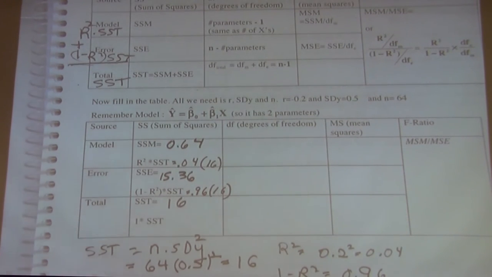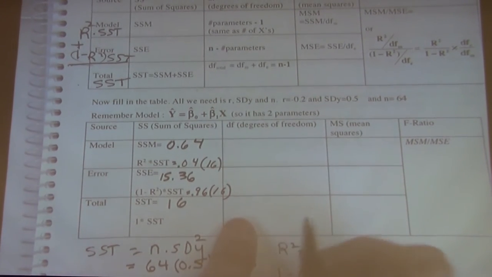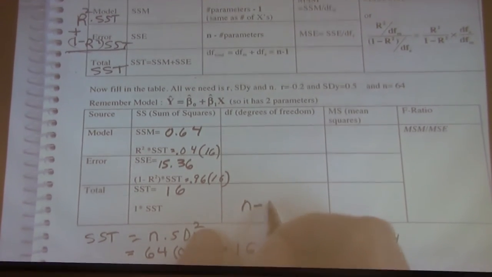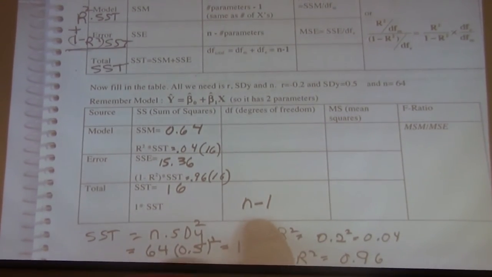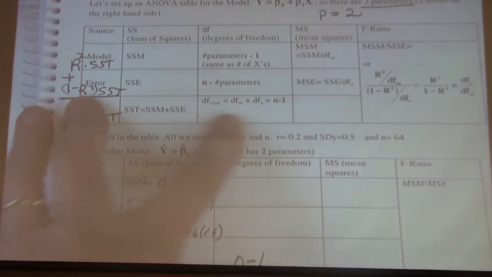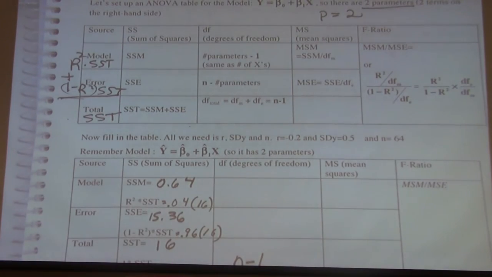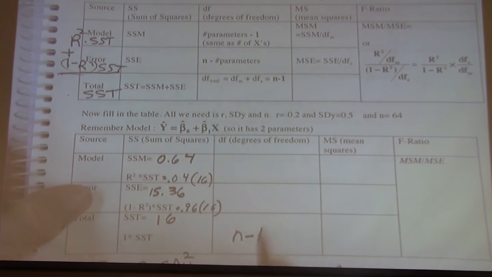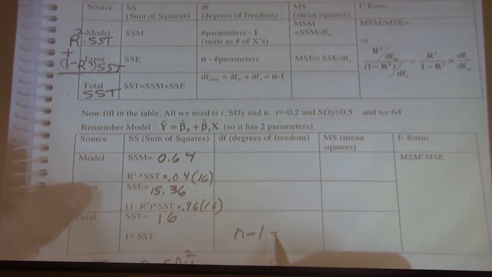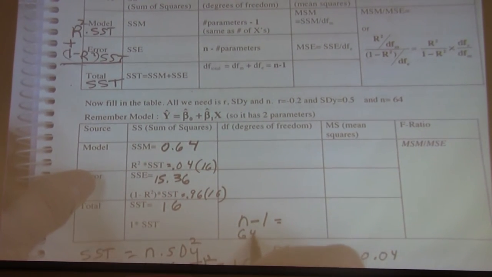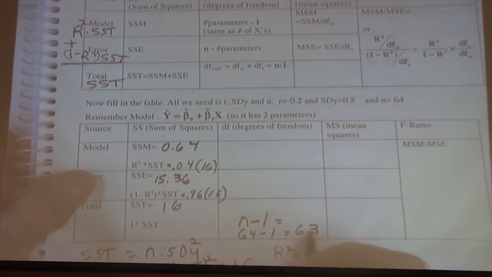So n minus 1 are free to vary. So this degrees of freedom here is n minus 1. All right, so in this case, it's 64 minus 1, which is 63.